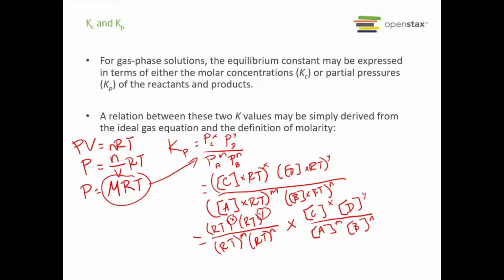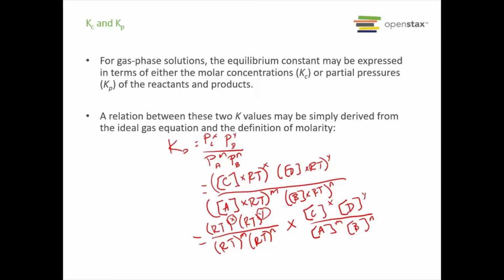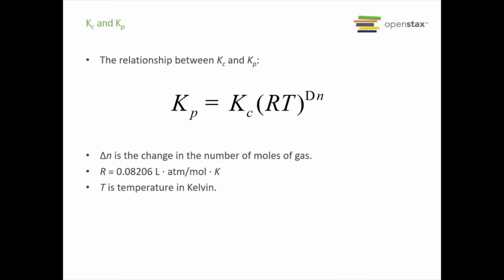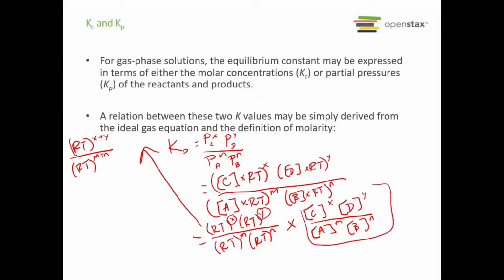So this then becomes, I'm going to go ahead and erase these guys here. Now we have RT on top to the x plus y over RT to the m plus n times all of our concentrations, which this guy here, this is the expression for Kc.